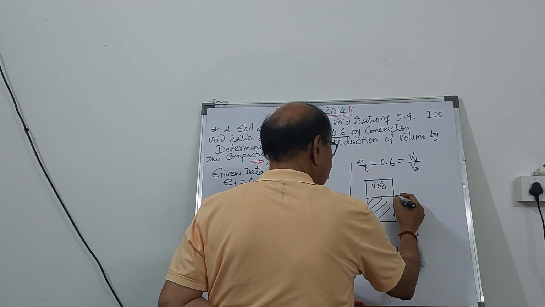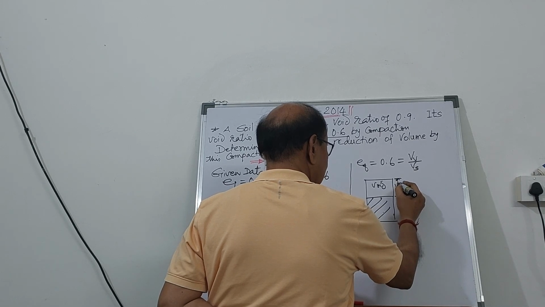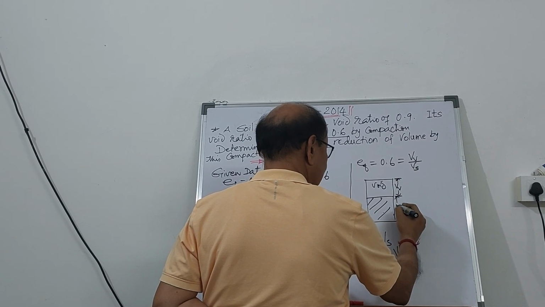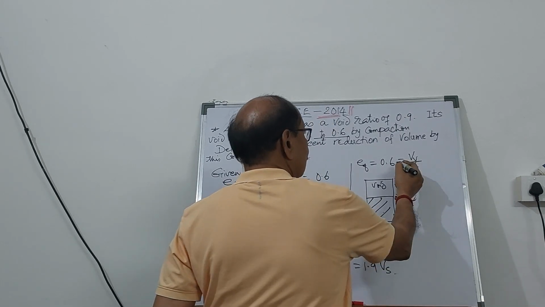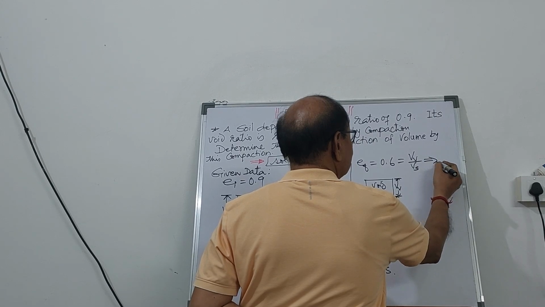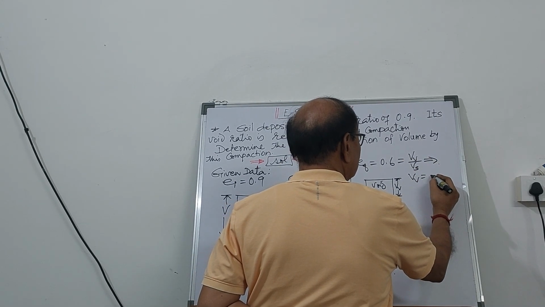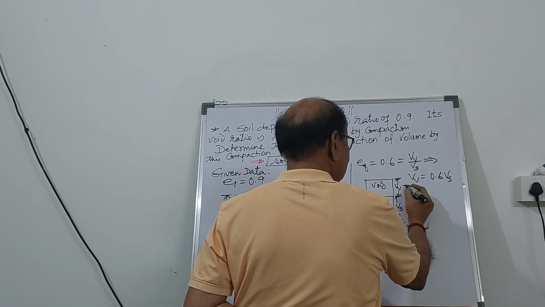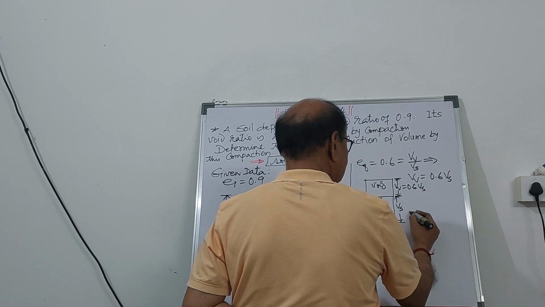So volume of void is shown and the volume of solid part is also shown. This implies that volume of void equals 0.6 times volume of solids.